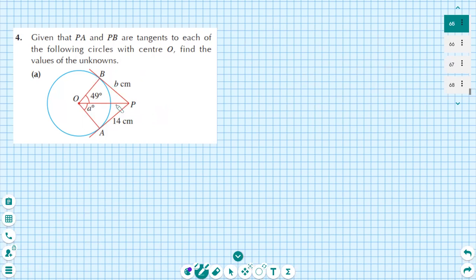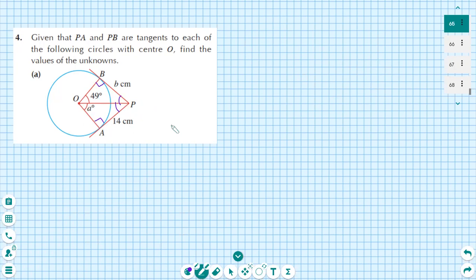So obviously, this line that starts from center O and ends at P will bisect this angle. So these two angles will be equal according to the second property. And according to the first property, this angle is 90 degrees because this angle is between the tangent and the radius. Similarly, this angle will be 90 degrees.